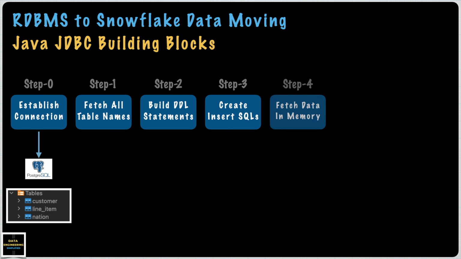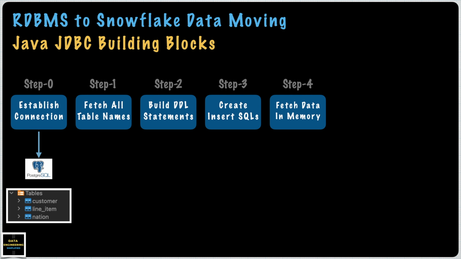Step 4 will use step 1 table list output and fetch all the table data and store it in list form in Java's runtime memory. So step 0 to step 4 will interact with the Postgres SQL database and build all necessary SQL scripts and hold them in Java's runtime memory.